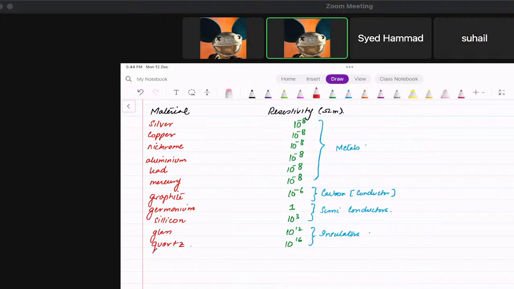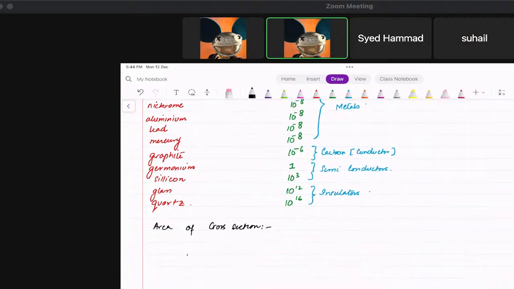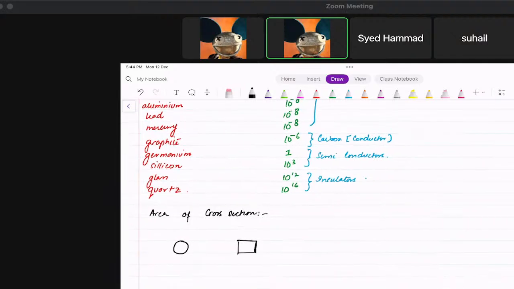All right. Generally in these questions, they will give you two kinds of area of cross section. One would be the circular cross section, the other would be the rectangular cross section. For the circular cross section, you are given the diameter, and for the rectangular one you just need to know the length and breadth.